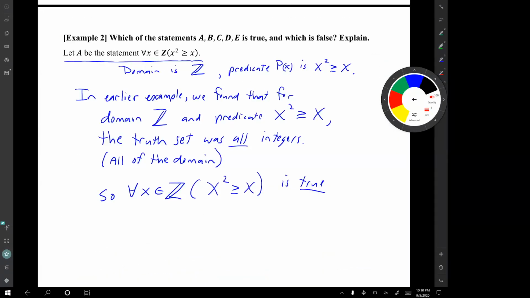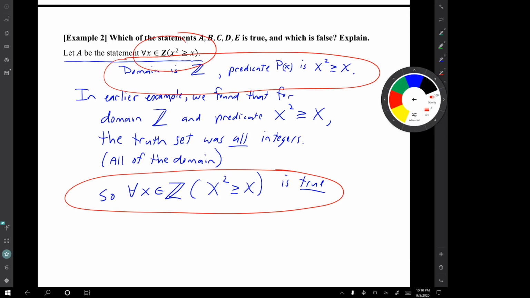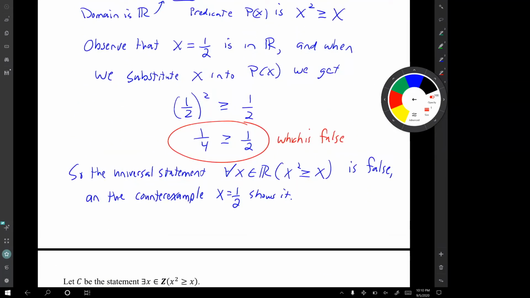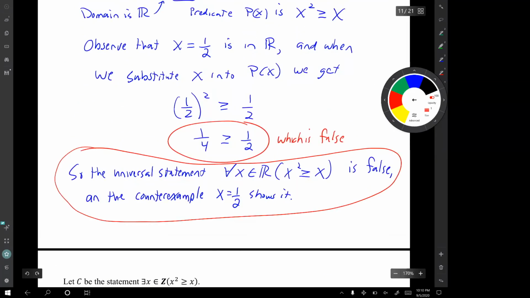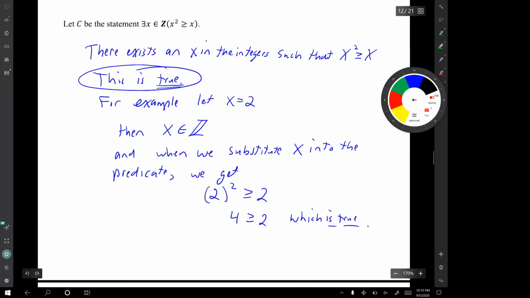So when we come down to these quantified statements, this quantified statement about integers and the predicate is true because every integer makes that predicate true. But this quantified statement is false because there is an example of a real number that does not make the predicate true. So one of those universal statements was a true universal statement, and this universal statement was a false universal statement. But the existential statements are both true.